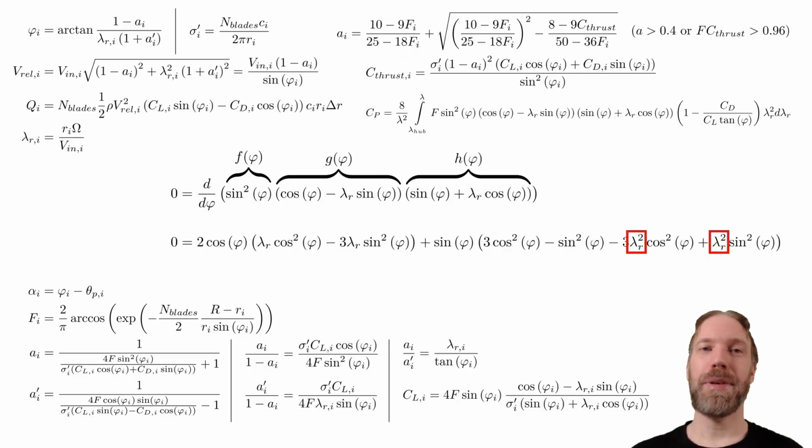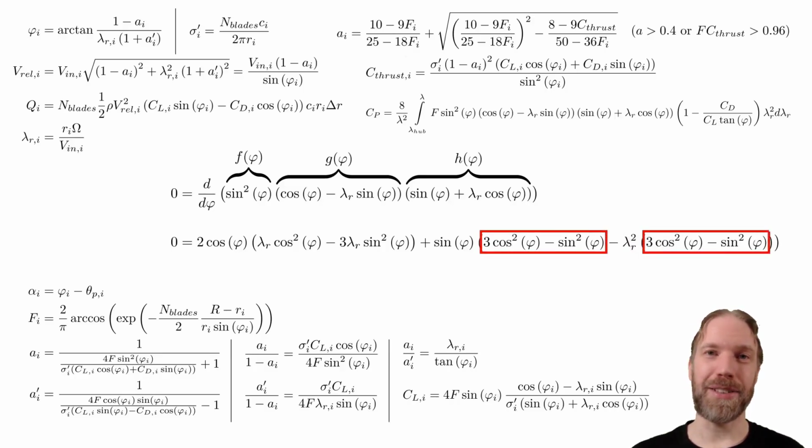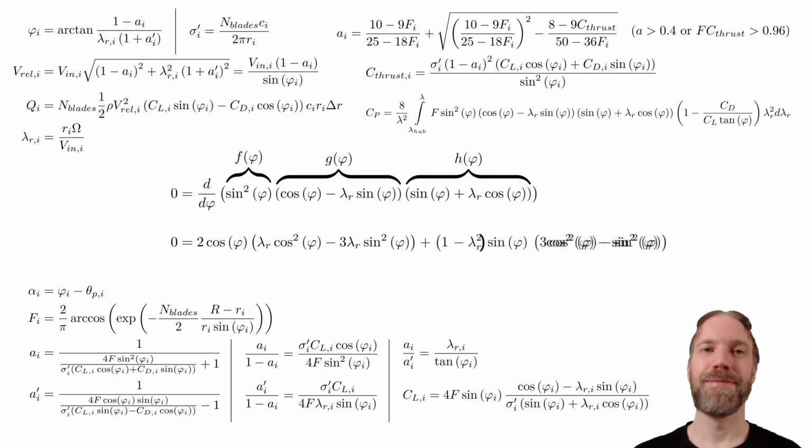The local tip speed ratio is a common factor. Now we see that this is a common factor. Lambda is a common factor here as well.